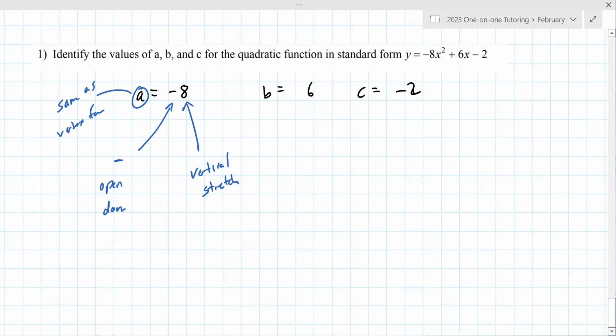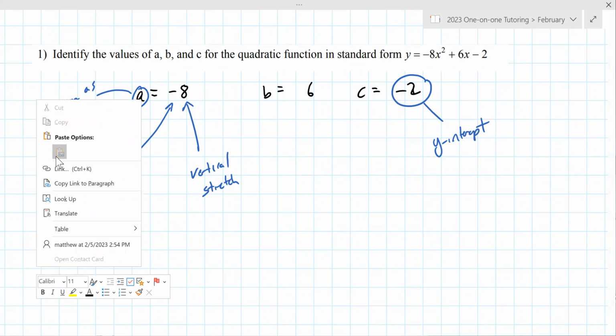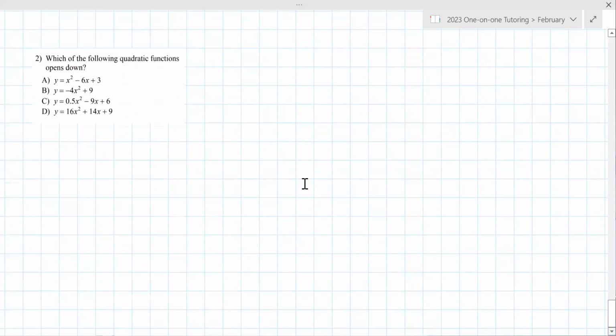The B tells you something that's not all that useful. It depends on some signs of some other things. The C though tells you the y-intercept. So there's a lot you gain from just looking at it in standard form. These are the kinds of things you're going to want to get down or have awareness of. Let's look at a new problem though.